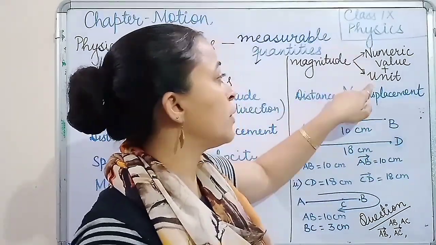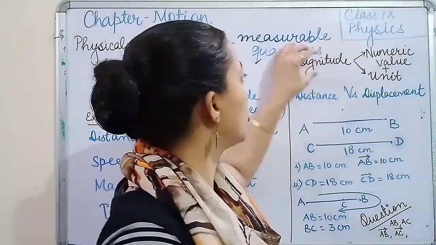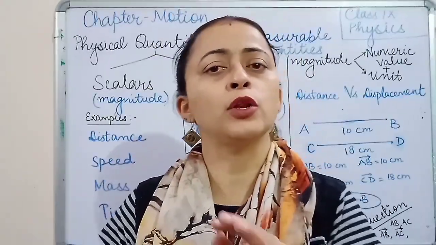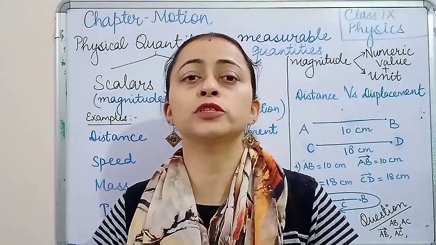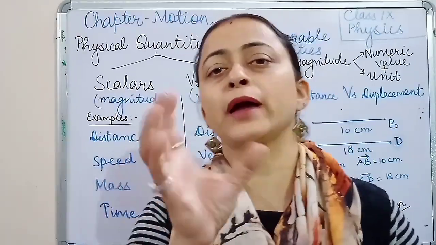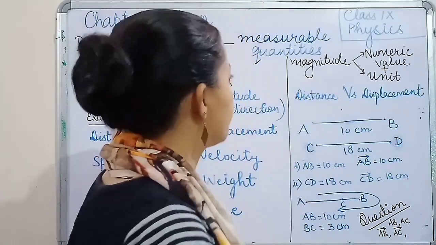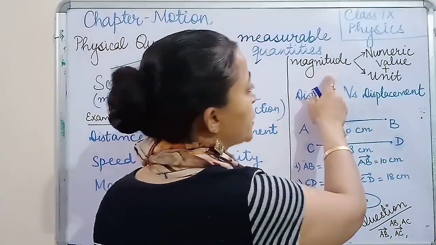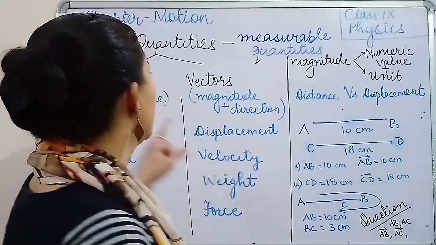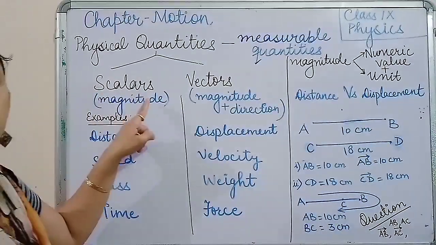So numeric value and unit make up the whole thing, that is magnitude. For your age, you are nowhere concerned about telling age in a particular direction. So it's only magnitude that is completely defining it. All those quantities which are completely defined by magnitude only are referred to as scalar quantities or scalars.